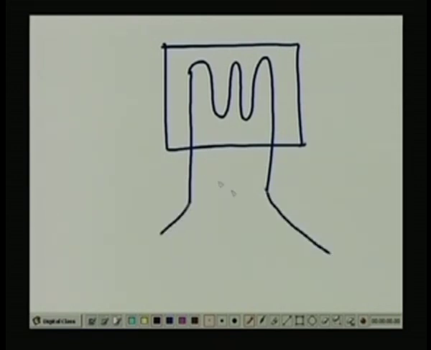These backing materials are of various types, which will be discussed after some time. This is called a bonded strain gauge. It is placed with adhesives on a body on which we are interested in measuring the stress or strain, right.